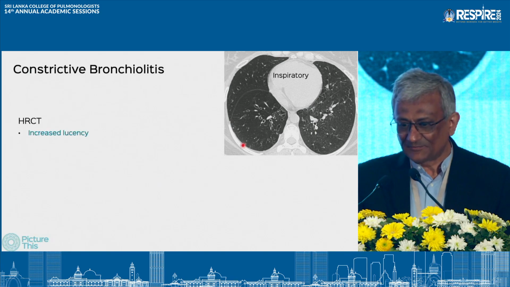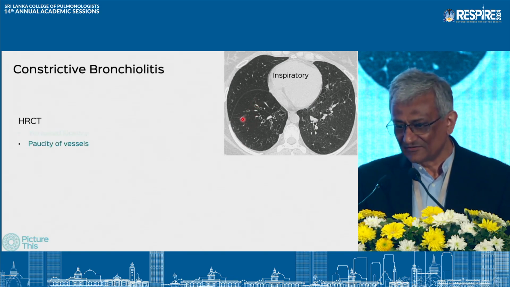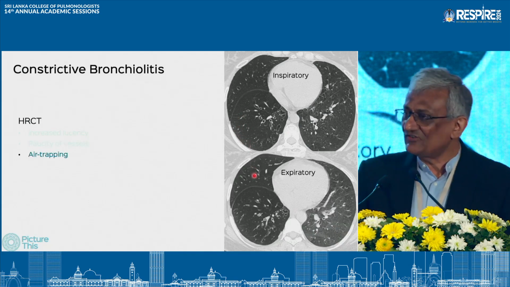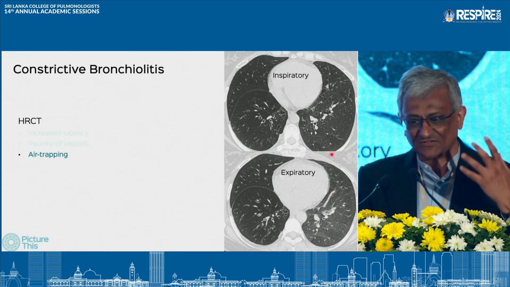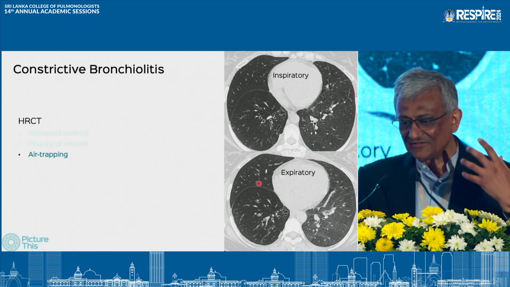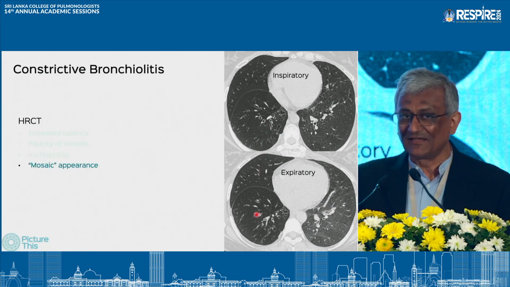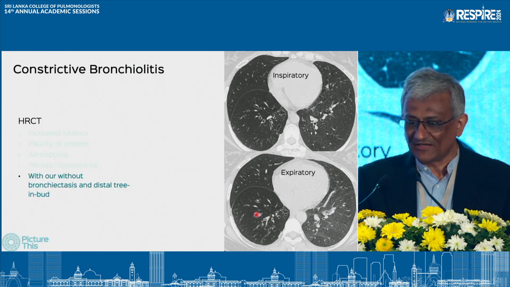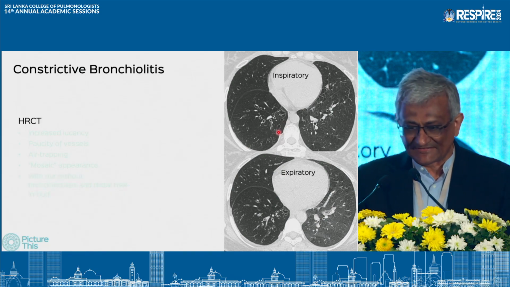So on the inspiratory image, we'll see areas of increased lucency with fewer vessels at the periphery, with air trapping on the expiratory image. So if you look at the left lung, it's normal. On the right, it looks the same, which means there is significant air trapping. This gives rise to a mosaic appearance, and you may or may not have bronchiectasis. Here we do with tree and bud distally.